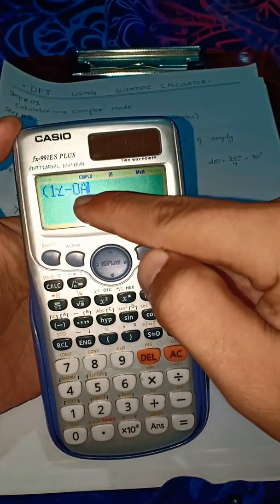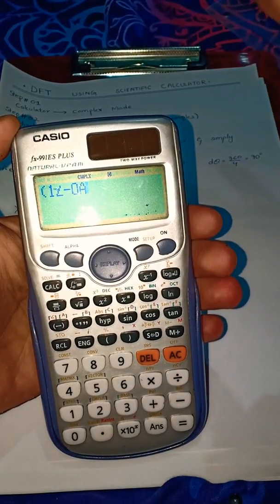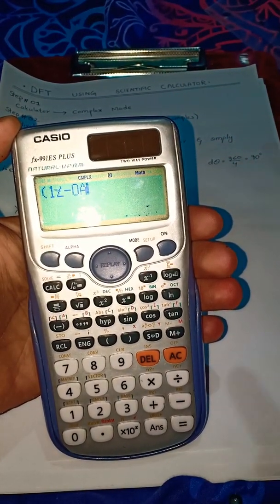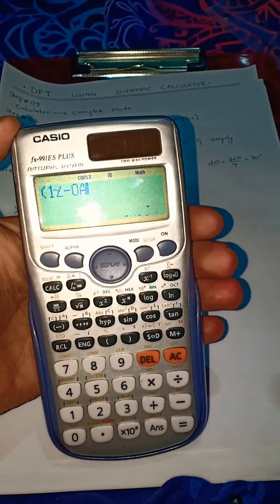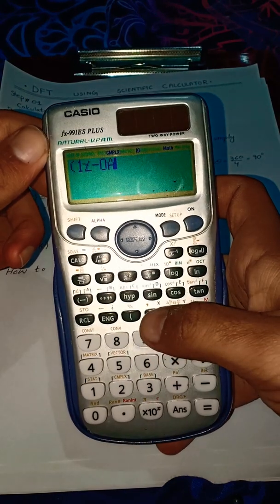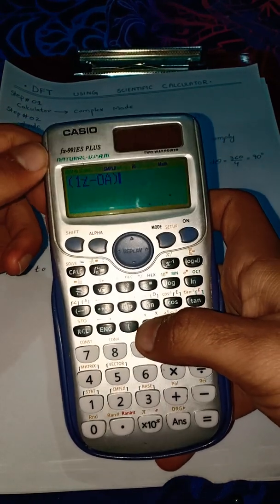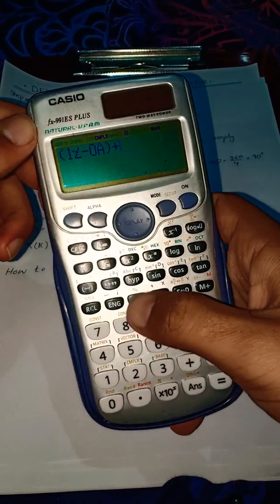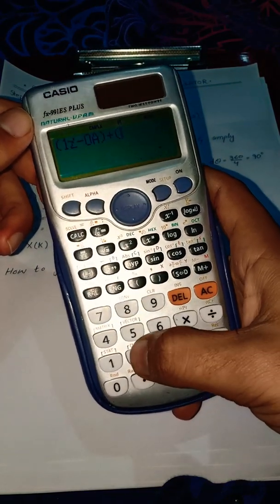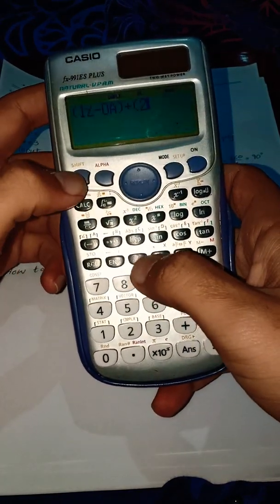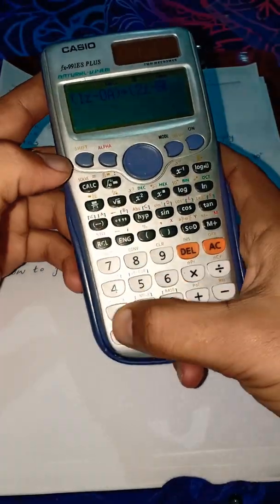So then the next angles would have been -60, -120, -180, -240, -300. Okay, so just input it like this, then plus the second sample is 2 with an angle of -90 a.